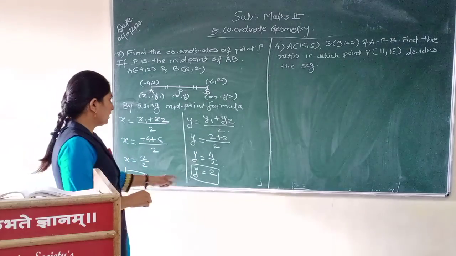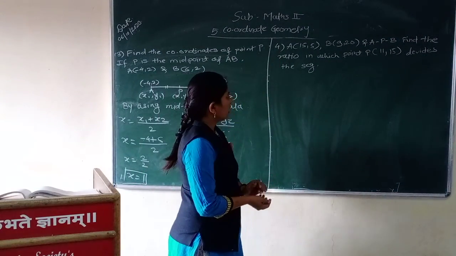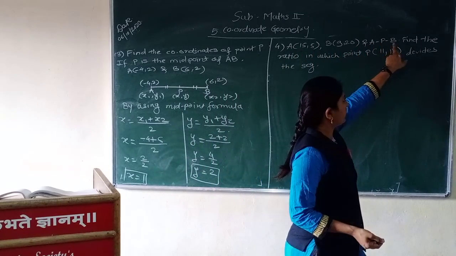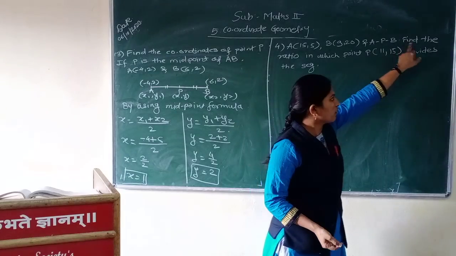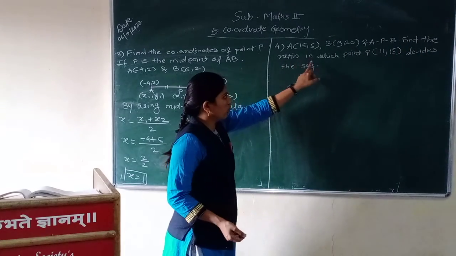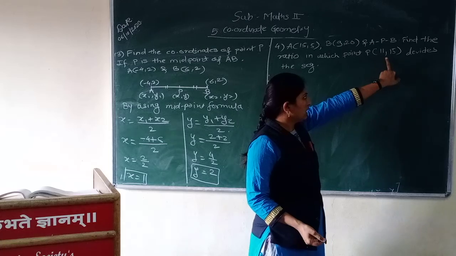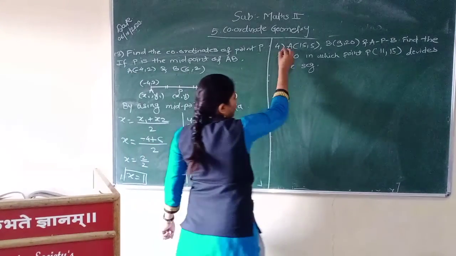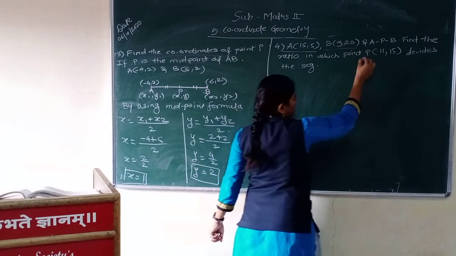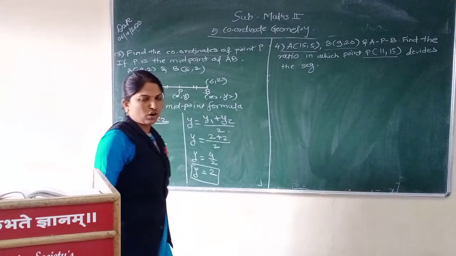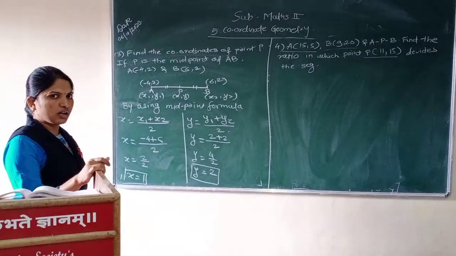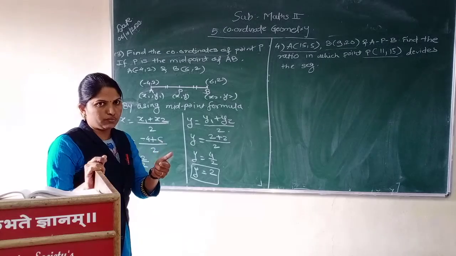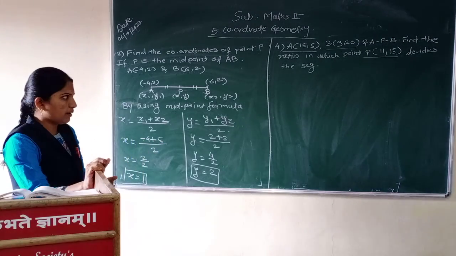Okay, then the next question is A is (15, 5), B is (9, 20) and A, P, B are in between us. Find the ratio in which point P (11, 15) divides the segment. Means two endpoints are given, then the coordinates of the section point are also given and you have to find the ratio of division, means m is to n.